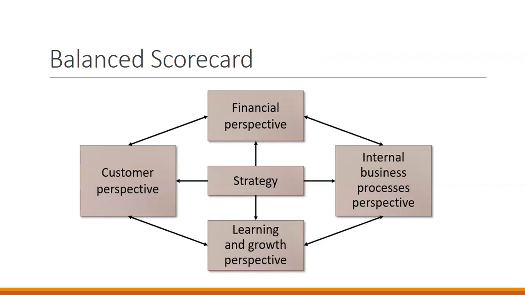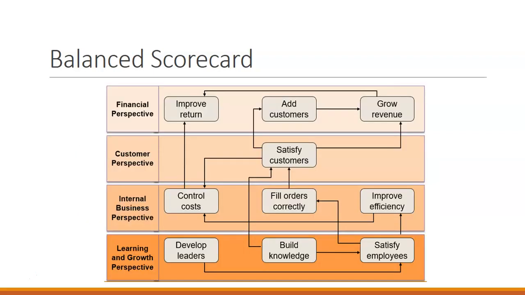So the four components of a balanced scorecard are a financial perspective, customer perspective, learning and growth perspective, and an internal business process perspective. So when we look at the financial perspective, that's where we get into improving our return, growing our profits, reducing our costs.